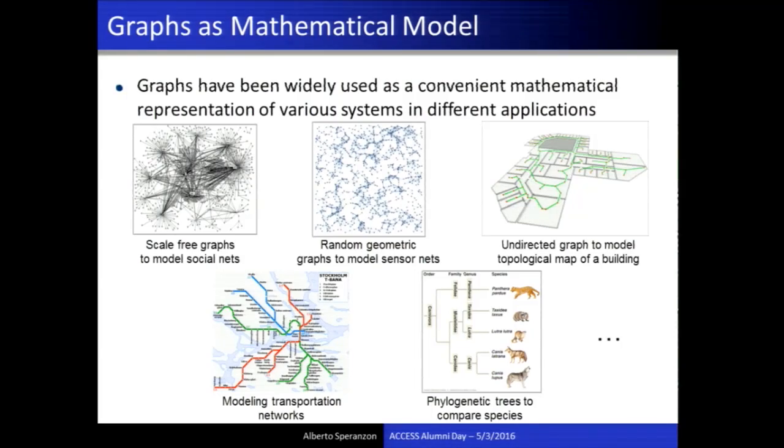So social networks, sensor networks, even in robotics, people have been using a topological representation of an environment, which is represented with a graph, where nodes represent rooms and edges, connections between rooms, transportation networks, and even in biology to capture how different species evolve, we use phylogenetic trees. So graphs are everywhere, and they are a very useful mathematical representation, and there are a lot of properties and theorems you can use to analyze them.